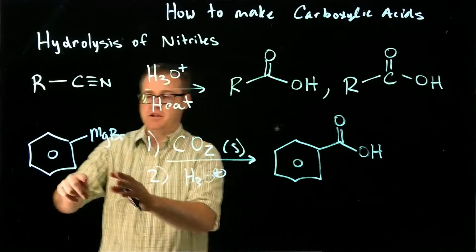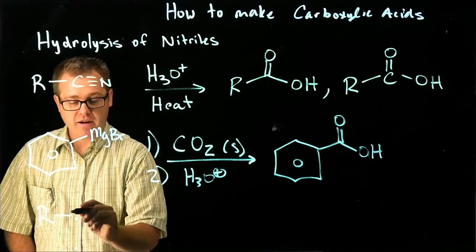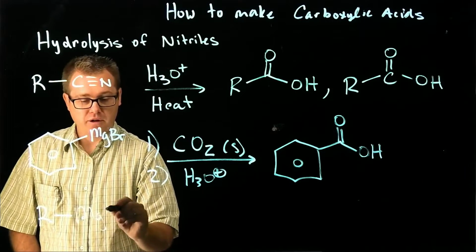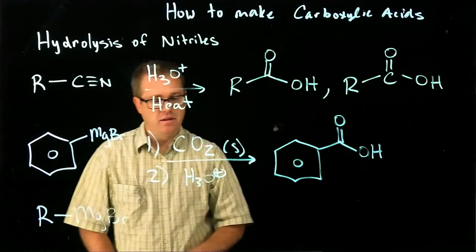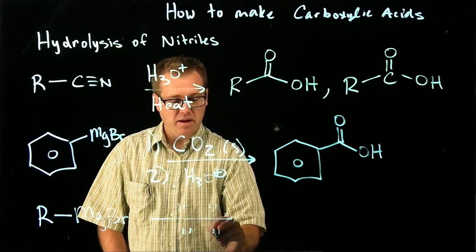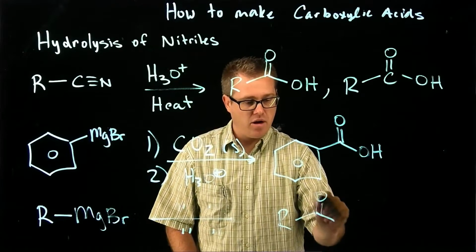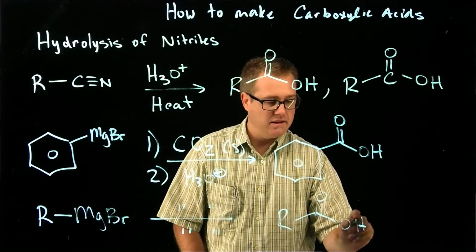So the Grignard doesn't have to have the benzene. We could have just done a generic Grignard reaction right here. Treat it with the same conditions as up above. And what would we get? We would get our carboxylic acid.